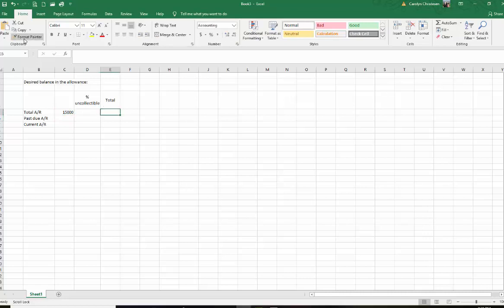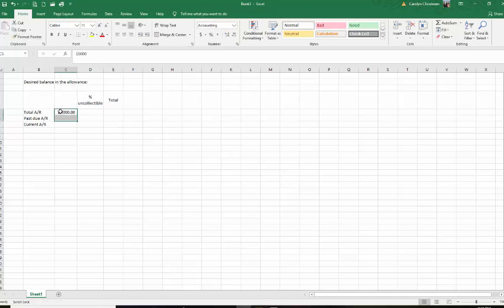Let me just make that into dollars; I don't really need cents, but that's okay. So our total accounts receivable is $15,000, and our past due accounts receivable is $5,400. That means our current receivables are the balance. So current is the difference between the total and the past due accounts receivable.